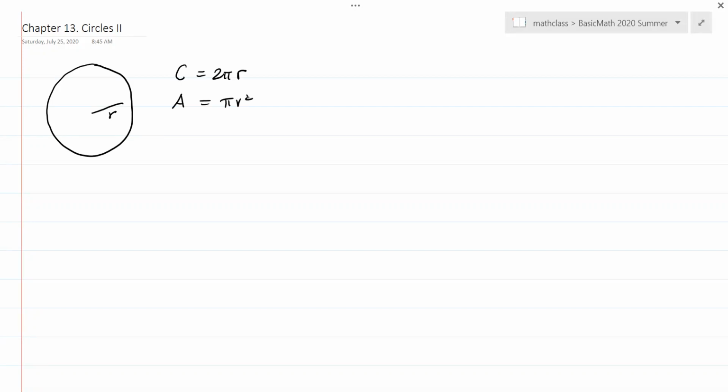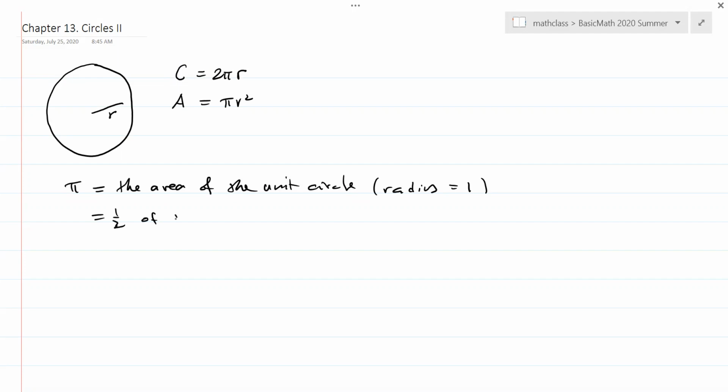In the future, if someone asks you what pi is, pi is actually the area of the unit circle, or half of the circumference of the unit circle. When I say unit circle, it means the radius is equal to 1.